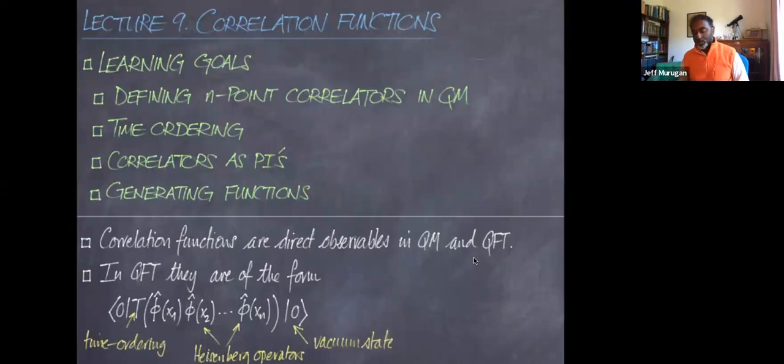And what the time ordering operator does for us is the following. It orders fields as follows. It takes the earliest fields and puts them to the far right. So for example, and concretely, the time ordering operator on two fields, phi at x1.